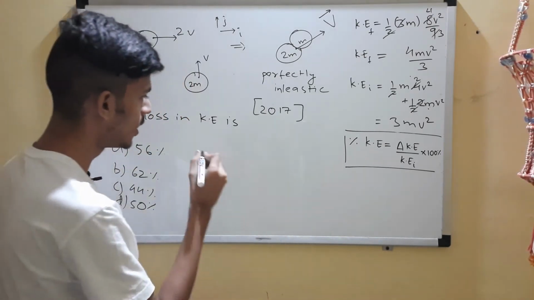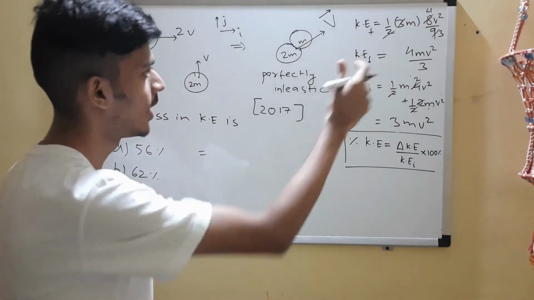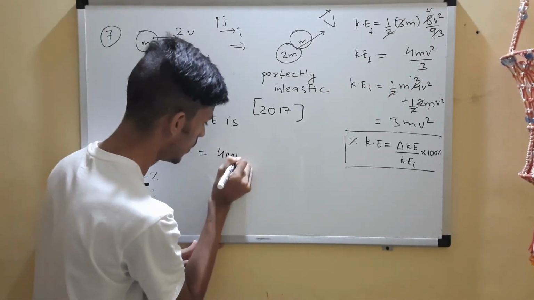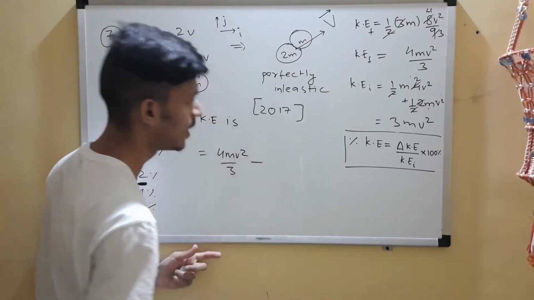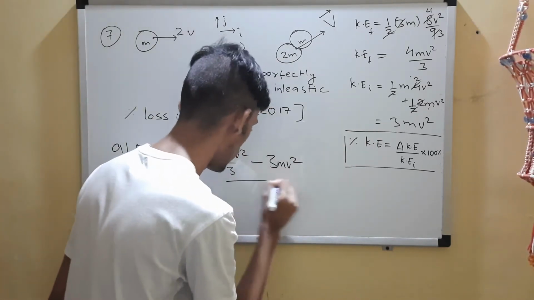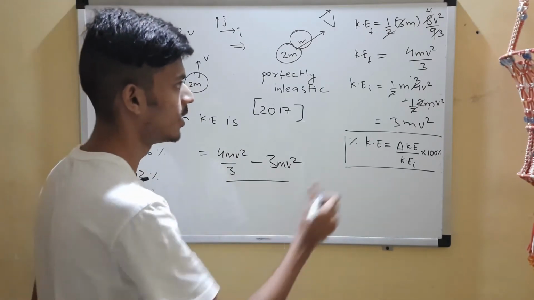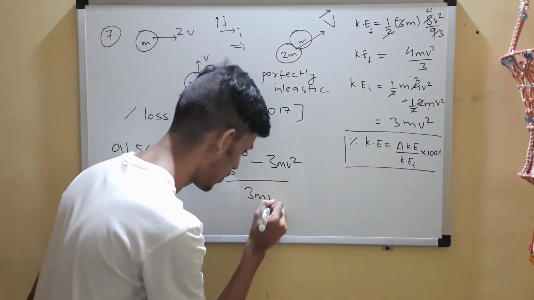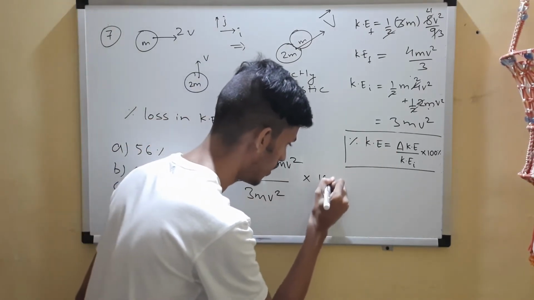So the change in kinetic energy: final kinetic energy 4mv square by 3 minus initial kinetic energy 3mv square, upon the initial kinetic energy, which is again 3mv square, into 100%.